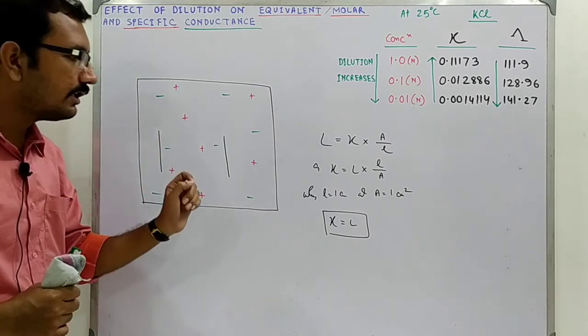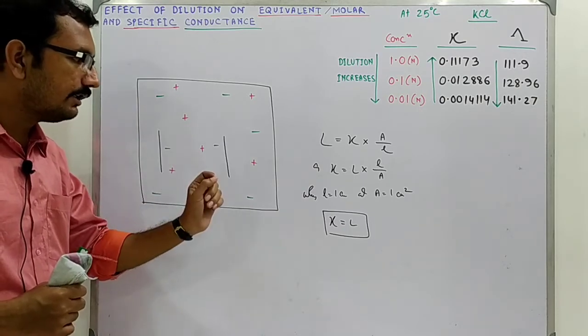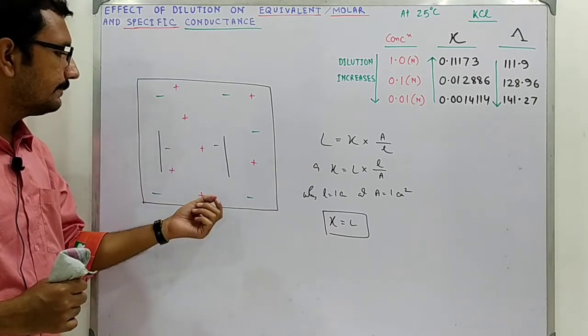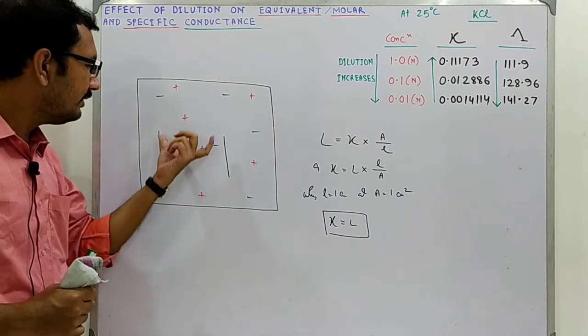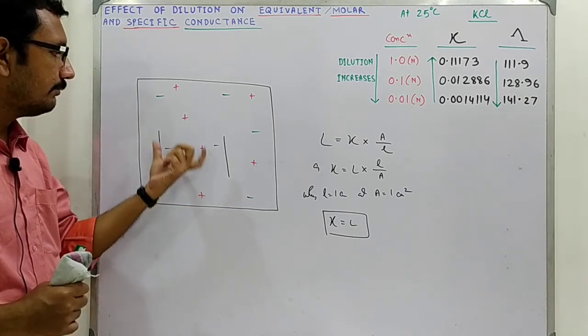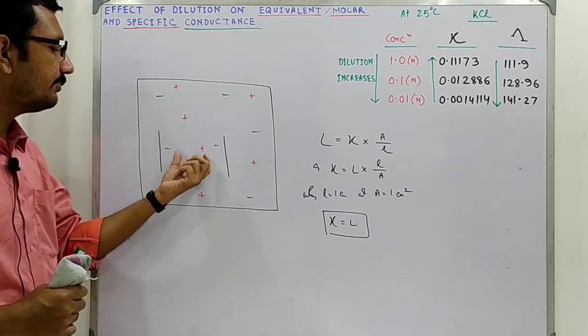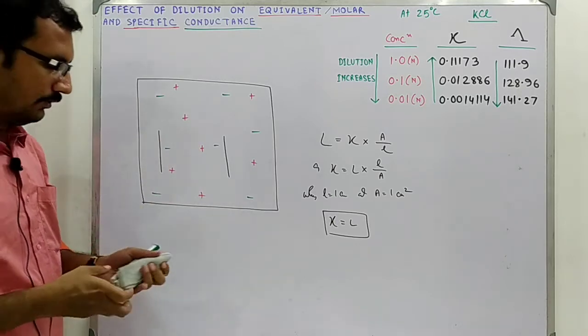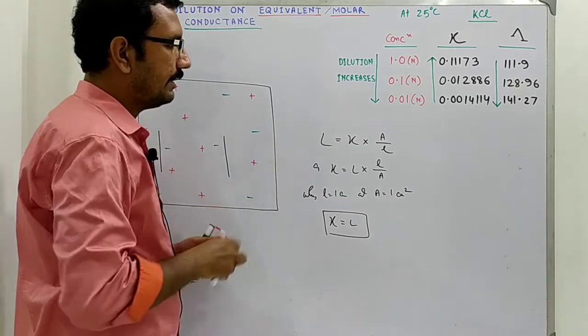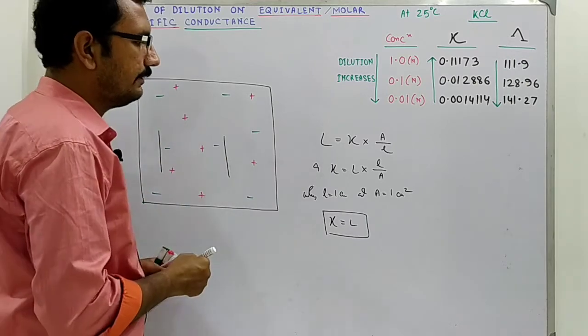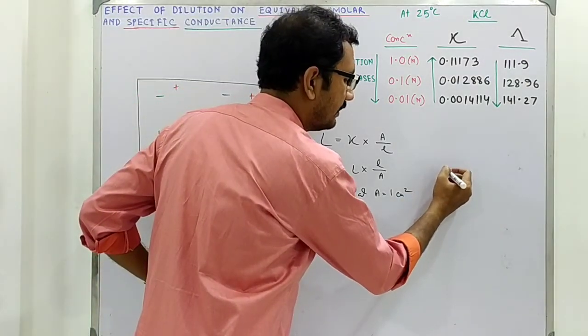Now, specific conductance is defined as the conductance of a solution that is enclosed between these two electrodes. So, you can easily notice that the number of ions is decreasing. If the number of ions decreases, then kappa will fall rapidly.